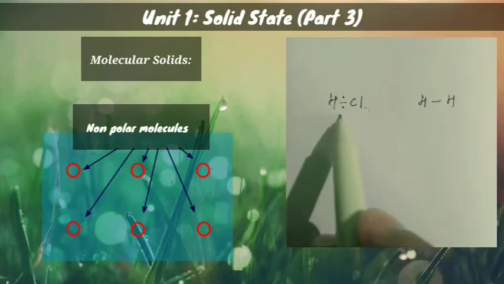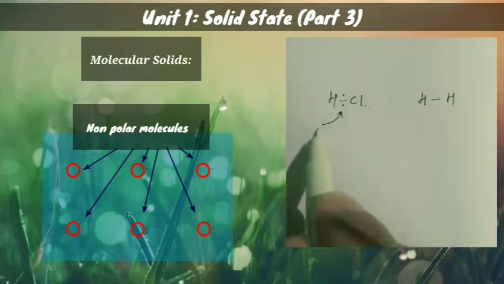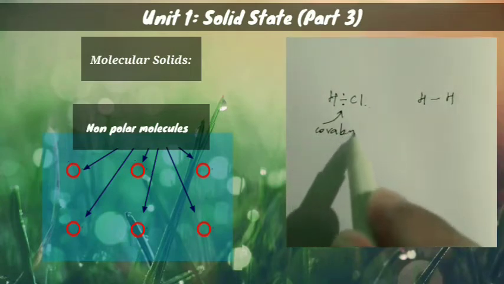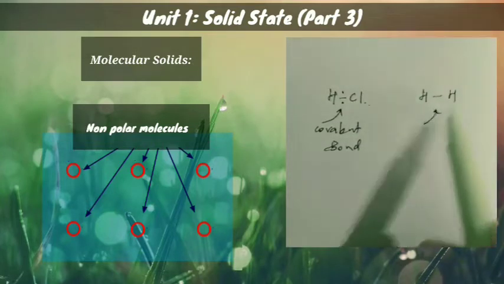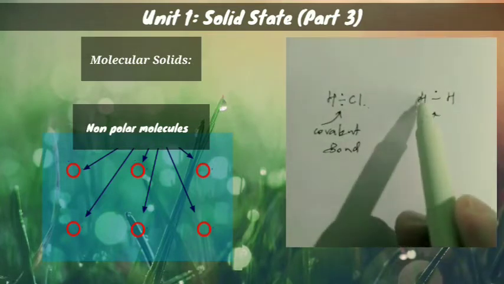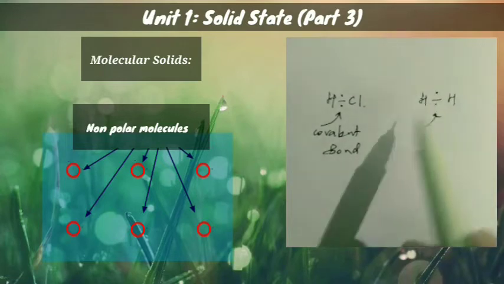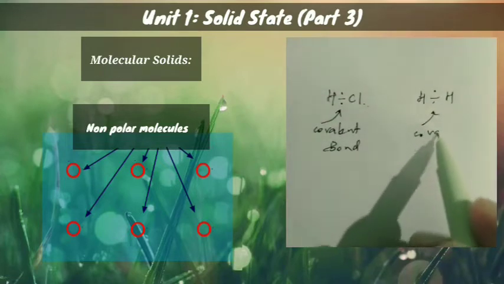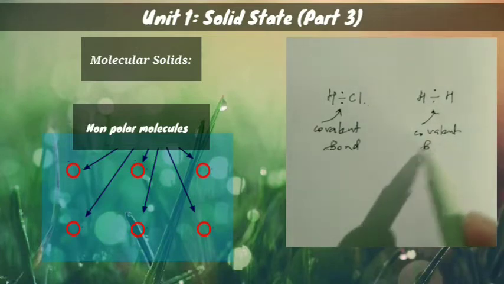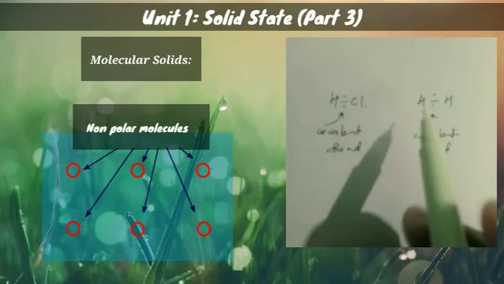Similarly in this one, one electron comes from this hydrogen and the other from the other hydrogen, and they form this covalent bond because they share these two electrons.